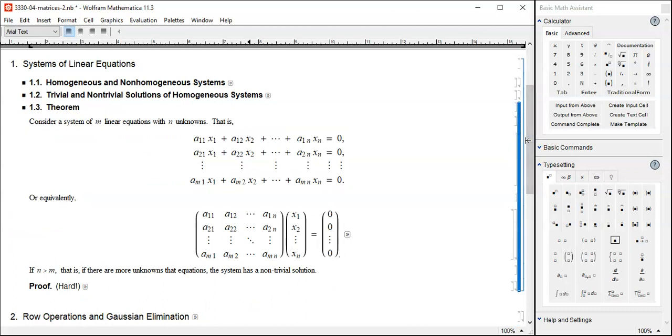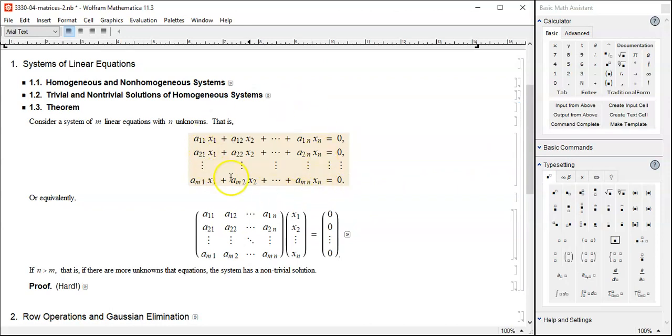The fundamental theorem here. This is really fundamental. Consider a system of m linear equations with n unknowns. Whether it can be written as this traditional form or in matrix notation, it doesn't matter. If n is greater than m, which means there are more unknowns than equations, then the system has to have a non-trivial solution. We already have a trivial solution.